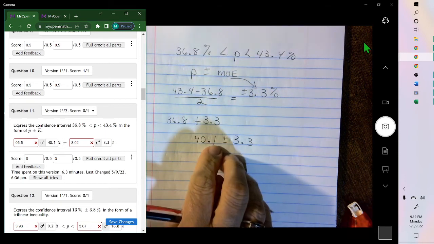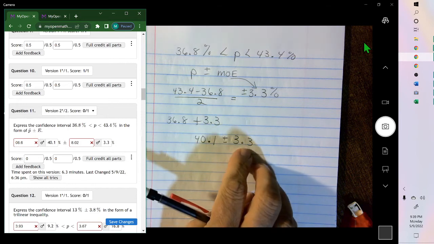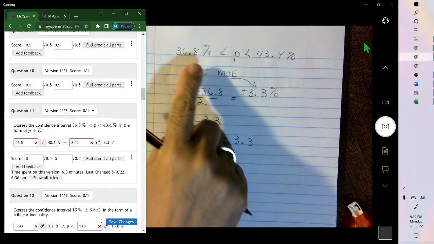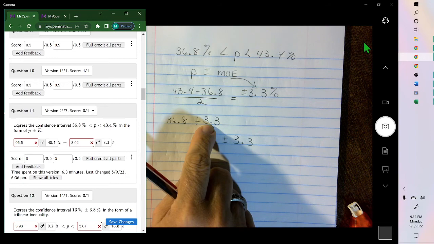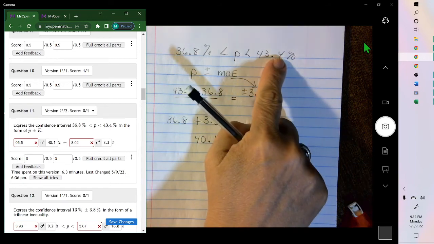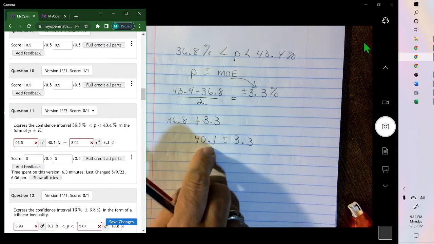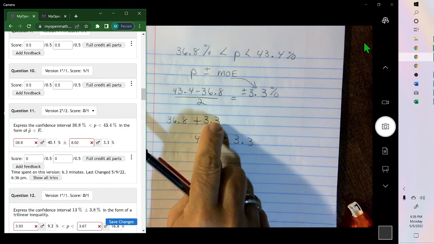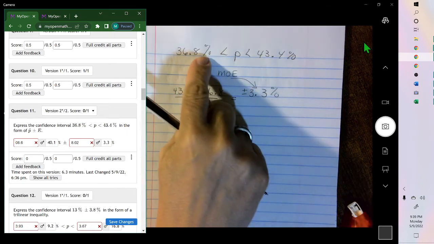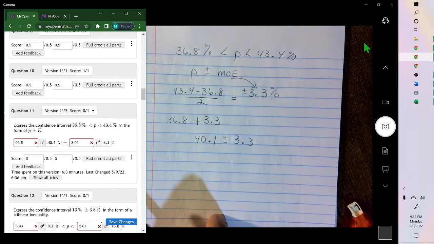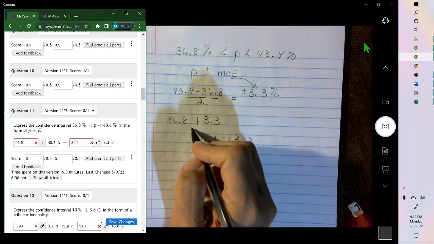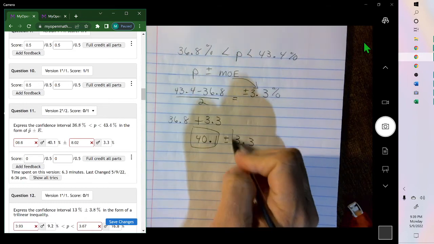And you get 40.1 plus or minus 3.3. So you take the lower one and add 3.3, or you could have taken this one and subtracted 3.3. Either way, you're going to get 40.1. So this number is halfway between these two. So then this would be your two answers.